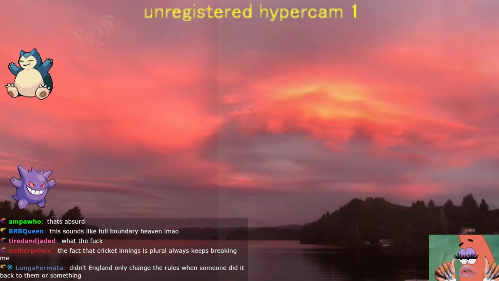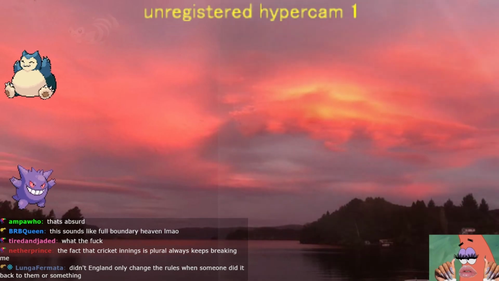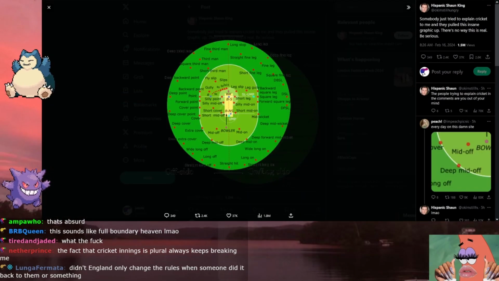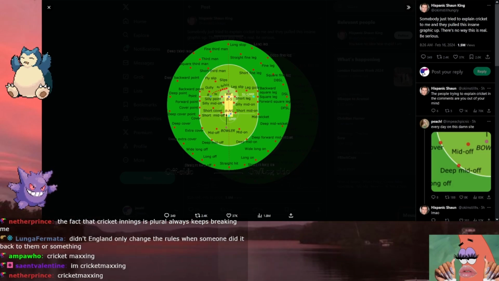New Zealand tried to do something for a while called Cricket Max. Which was where, hold on, let me bring up the classic again. There were zones. Oop, I grabbed the wrong thing. Hold on, don't know what that was that I grabbed. There are zones. Wait, what was it?